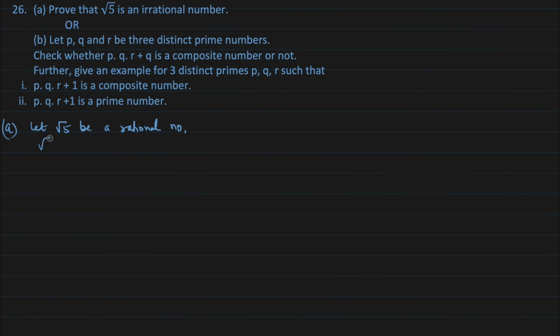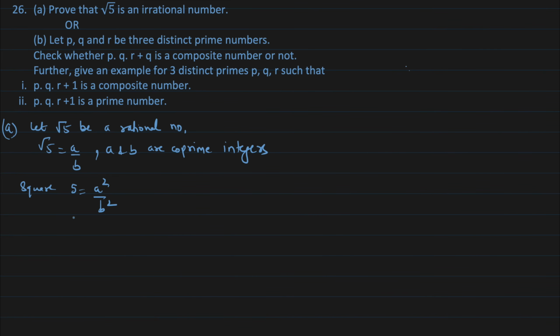And we say that root 5 equals a by b, where a and b are co-prime integers. I'm writing in a space crunch because here I'll solve the B part also, students. Now let's do squaring both the sides. So you get 5 equals a square by b square.